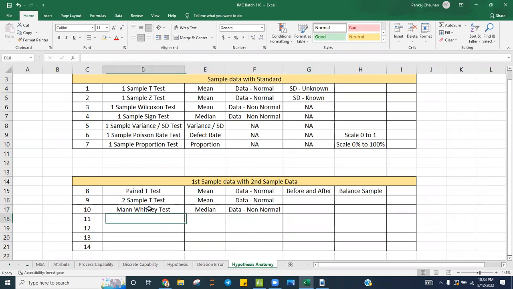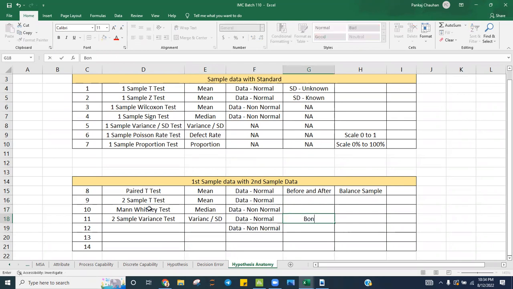In case you are looking for a variance comparison or standard deviation comparison, then you will be using the two sample variance test. In this case, you will have both conditions. If data is normal, you will be looking at the p-value of Bartlett's test.